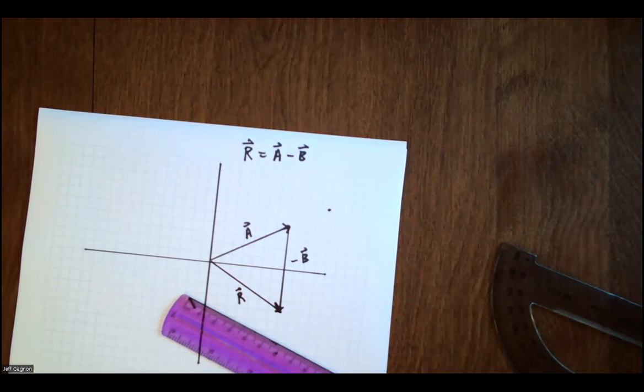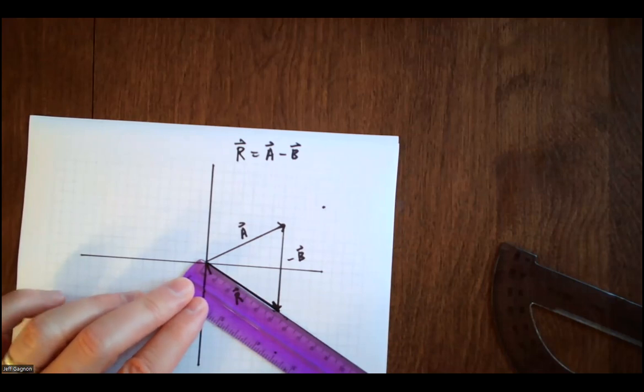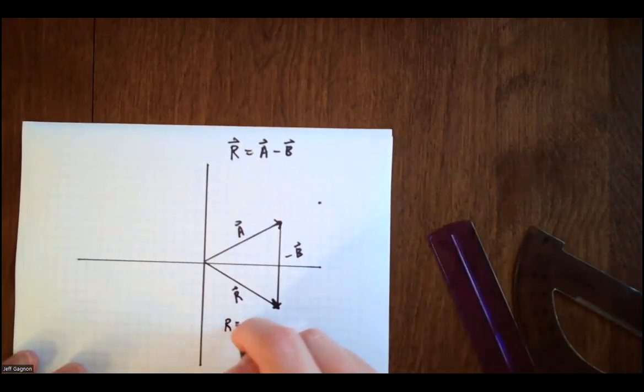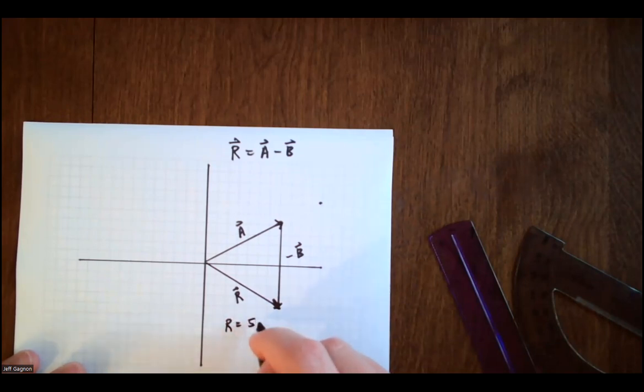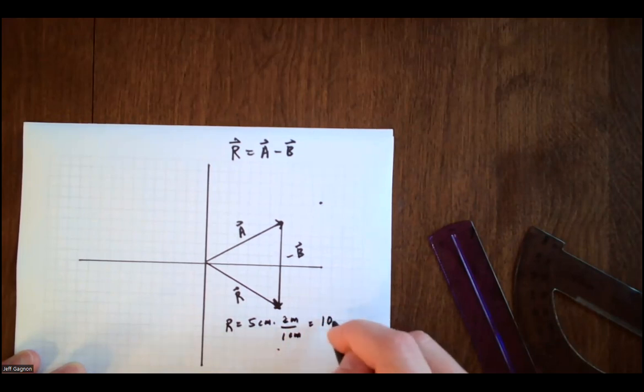Now to get the magnitude, I'll measure this. And it looks like it's pretty much around 5 centimeters. So R here is 5 centimeters. I'll convert back to meters. So remember, there's 2 meters and 1 centimeter. So that's going to be 10 meters.